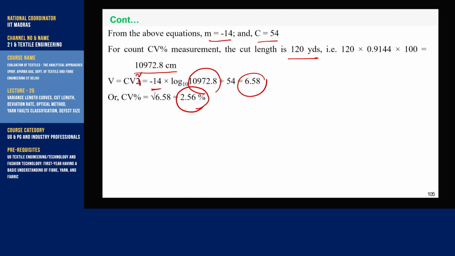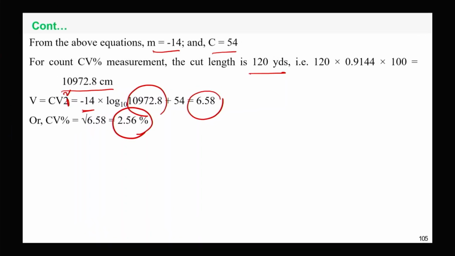So in count testing, if we take a length of 120 yard and test, we will get a count CV of 2.56. Okay.